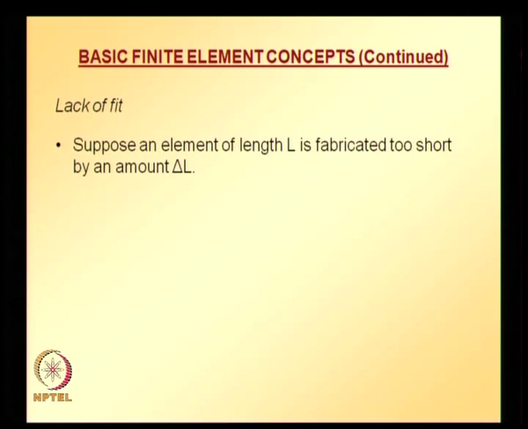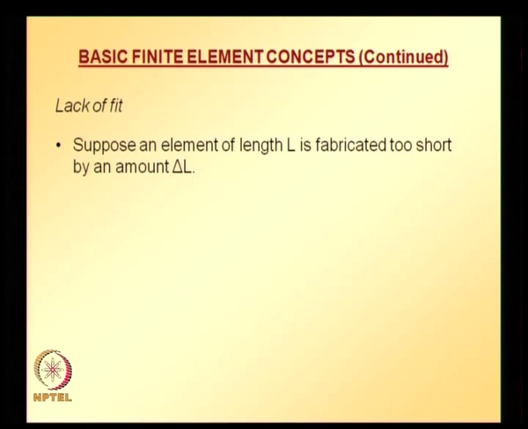Suppose an element of length L is fabricated too short by an amount delta L. First we are going to look at how to compute the stresses due to lack of fit in a truss member.